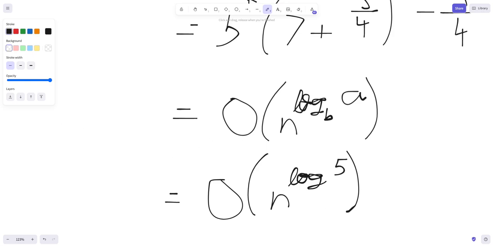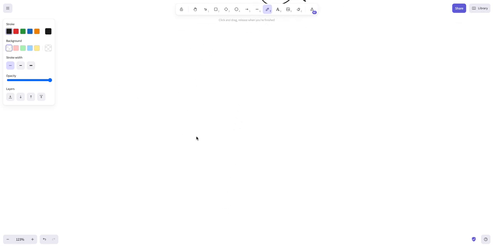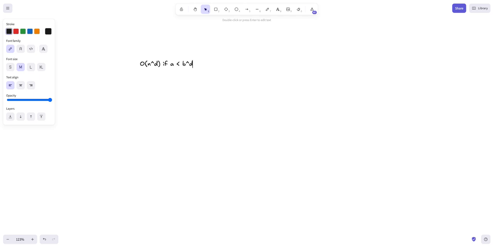Next, we're going to be looking at the Master's theorem. According to the Master's theorem, we have O of n to the power d if a is less than b to the power d.